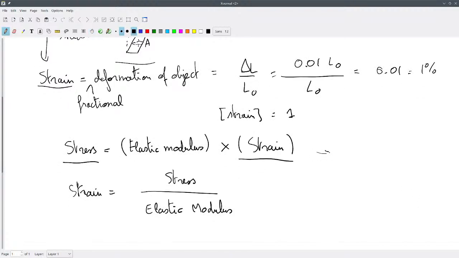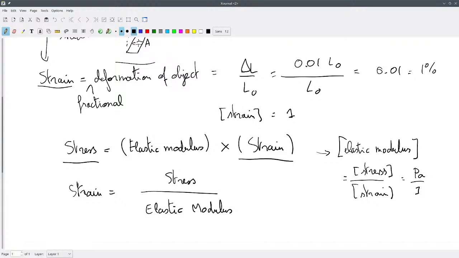Now from this first equation we can see what the units of this elastic modulus have to be. They're going to be units of stress over units of strain. So that's Pascal over 1, or just Pascal.